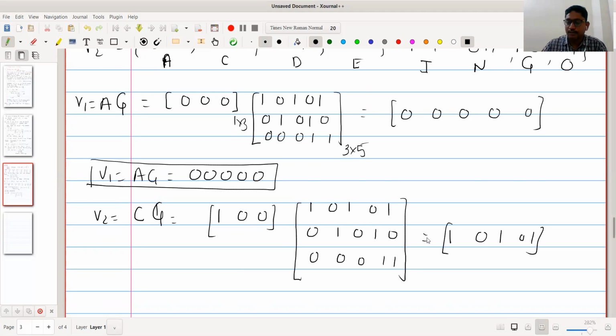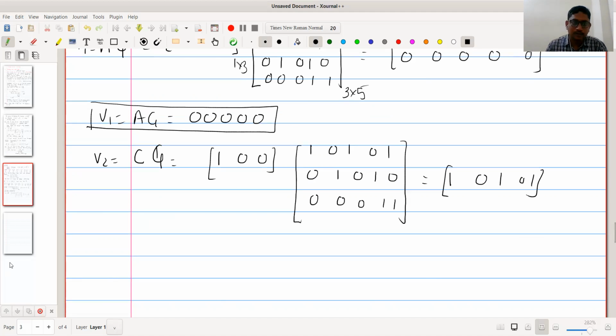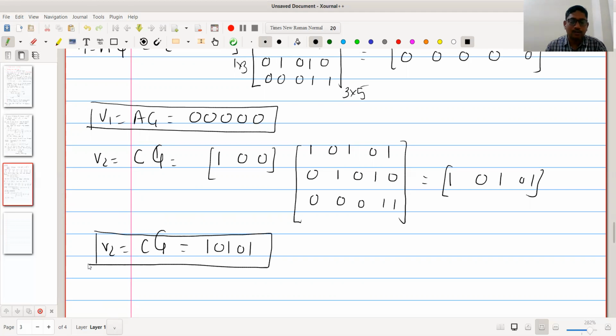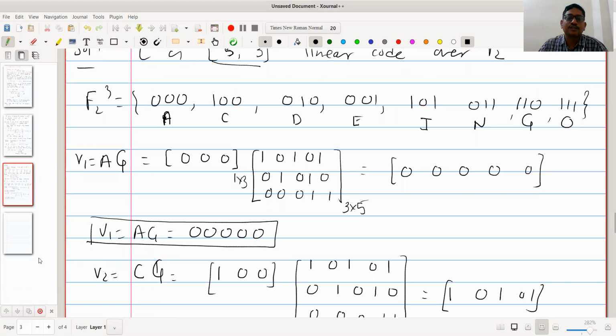Like this, you can get the product and check easily. So V2 is CG, and you get 1 0 1 0 1. This is V2. You need to find all 8. Now two we have done. What is next? D. Next is the D element.